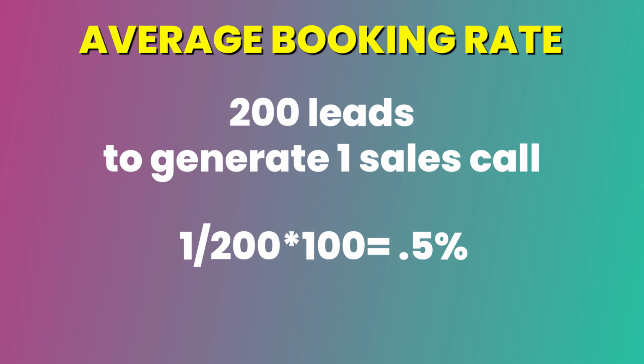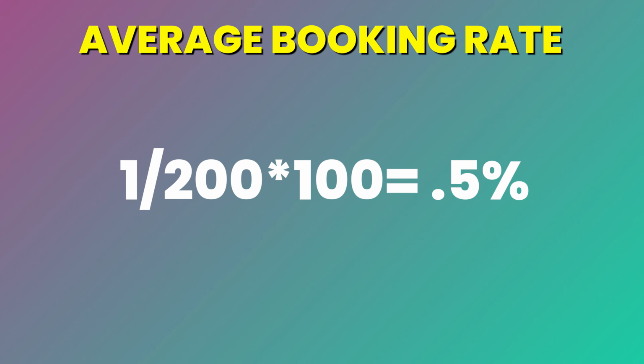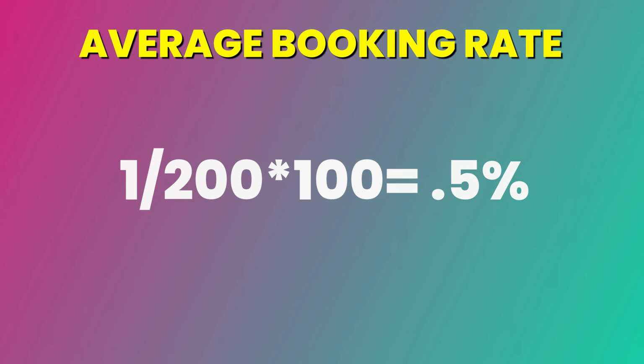You divide 1 by 200 and then multiply that number by 100 to get your average booking rate. In this example, it would be a 0.5% booking rate. So now we have that number. We know that if we want to get a sales call on the calendar, we need to contact 200 people. Obviously there are going to be fluctuations and variations, but we just have to take the average here.